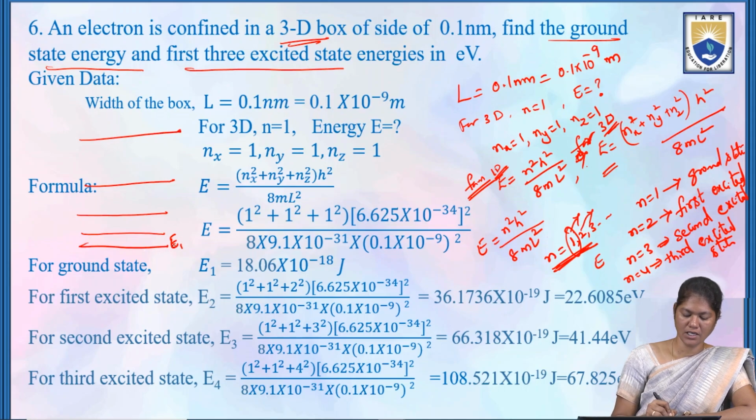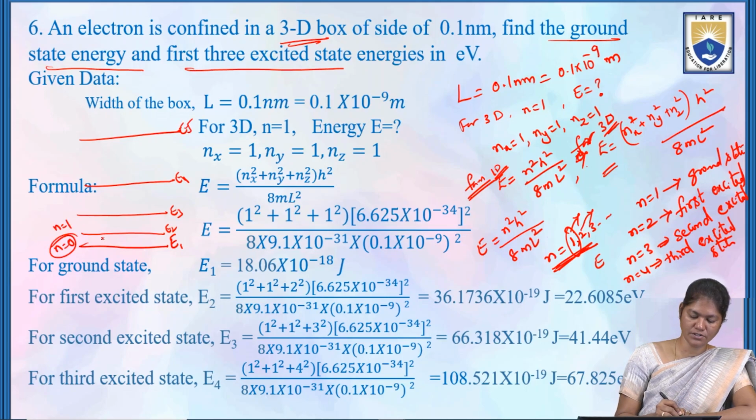Like this, E1, E2, E3, E4, E5. So this is the ground state, and this is the first excited state.